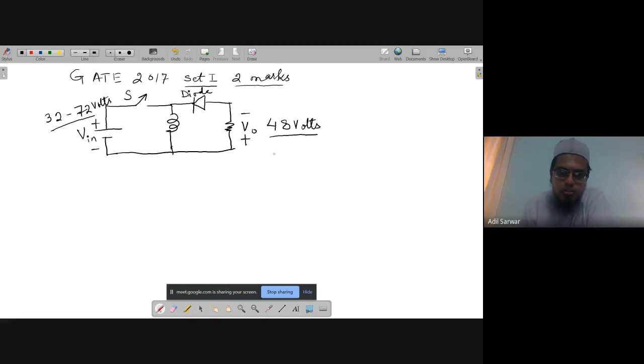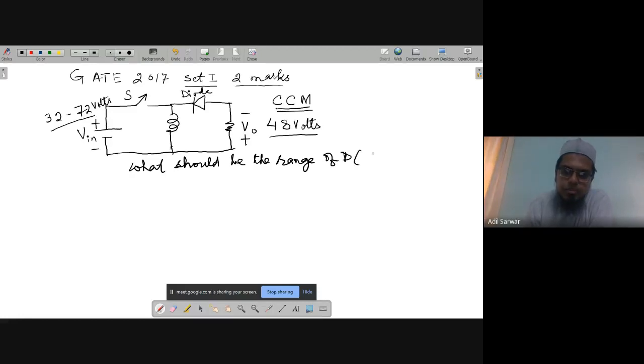Also the operation is in continuous conduction mode. It is in CCM, that means the inductor current never falls to 0. The question is, what should be the range of D, the duty ratio. D is the duty ratio.